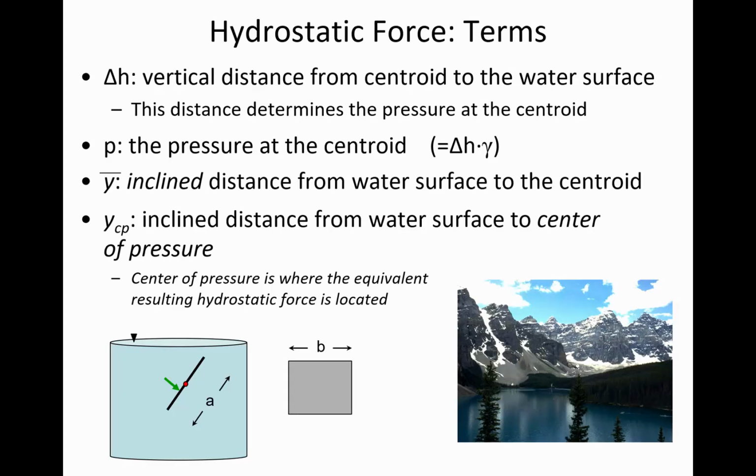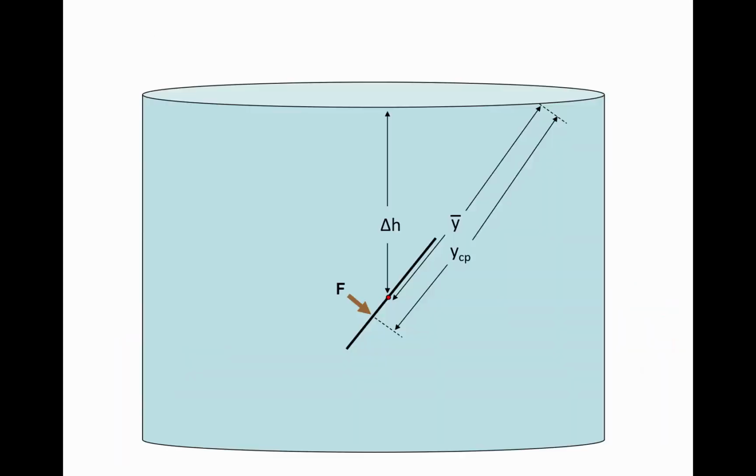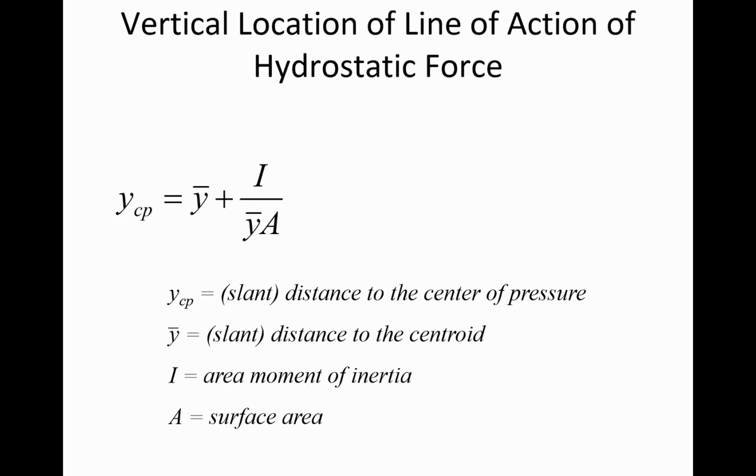So remember from our sketch here, YCP is the inclined distance from the water surface to where the force is located. Okay, so here's the formula for that. Y bar plus I divided by Y bar A. So Y bar is the slant distance to the centroid. So that's the inclined path from the water surface down to the center of area.